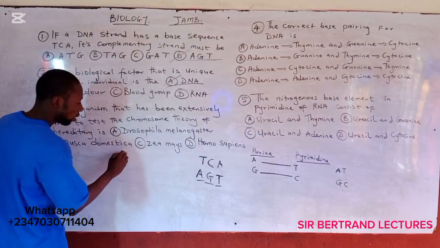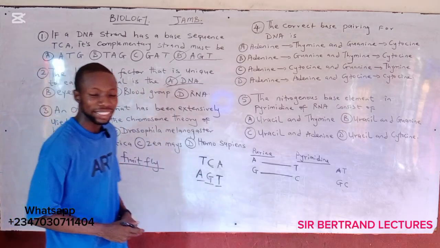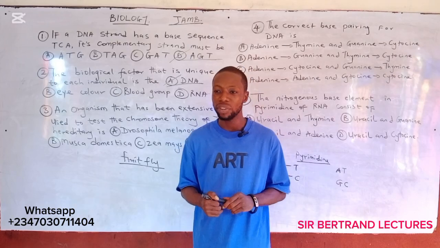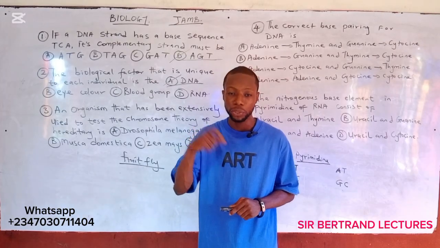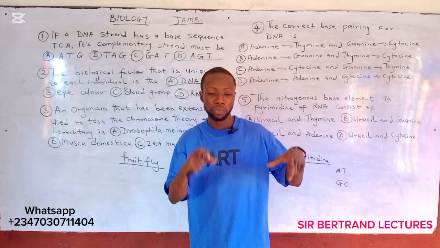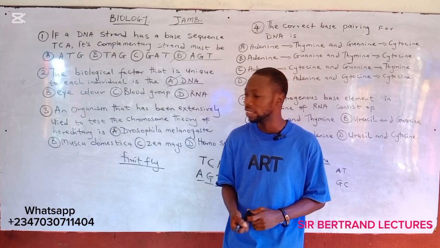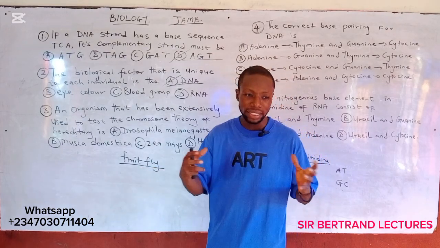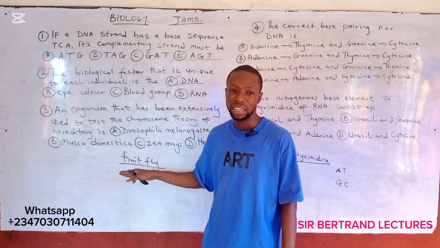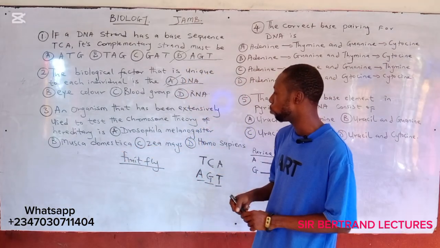The reason why the fruit fly is used in that experiment is because the chromosomes of the salivary gland of the fruit fly are very large in size, even larger than those of the human. That is why the chromosomes of the salivary gland of the fruit fly are used in experiments on chromosomes.